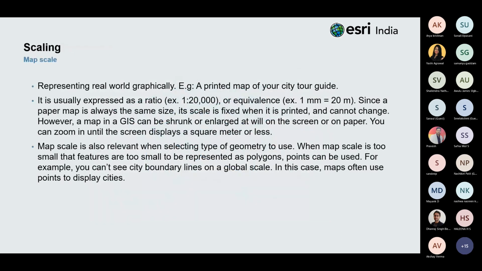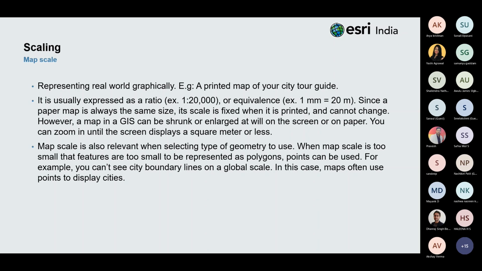Now, moving further, we need to understand there are certain factors like scaling also involved when we're projecting the data from a 3D surface to a 2D surface, which means we're representing the real world graphically onto a printed map. So this is done using map scaling. Map scale specifies the amount of reduction between the real world and its graphic representation.